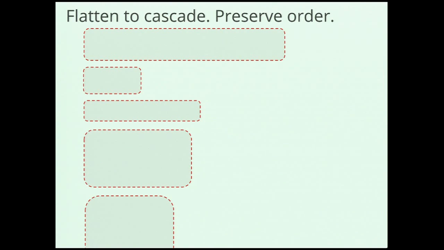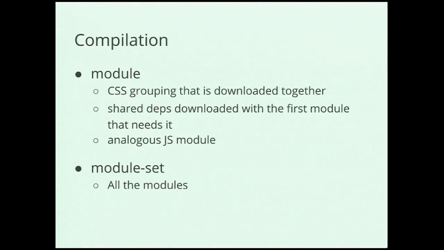And then the modules get translated into a cascade. So a module is a CSS grouping downloaded together. And we always download the dependencies for every module that we load on the browser. And this is analogous to our notion of JS modules. And so we are really trying to piggyback on the download system that we already have for JS modules.